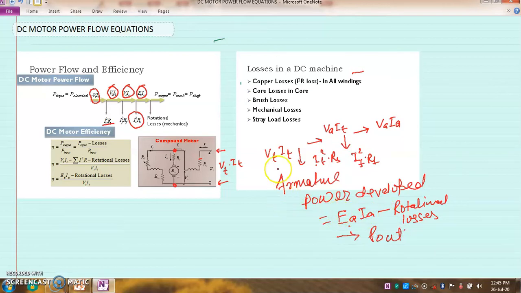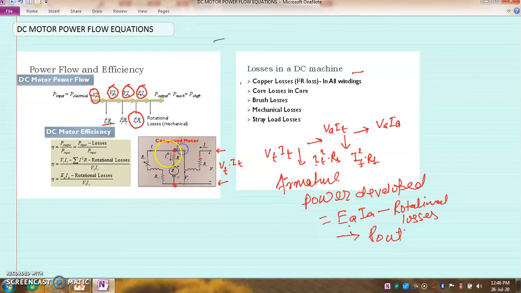Again I repeat this. Your input power is VT multiplied by IT. After subtracting the drop IT square into RS, the series resistance loss, the power available at the armature is VA multiplied by IT.